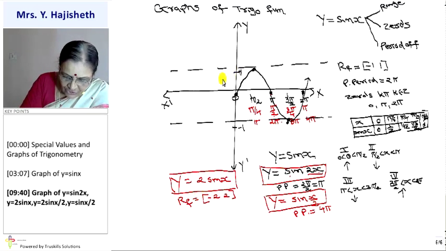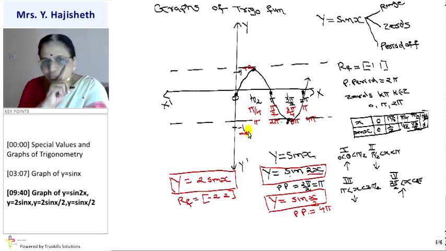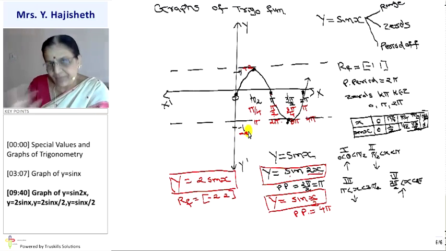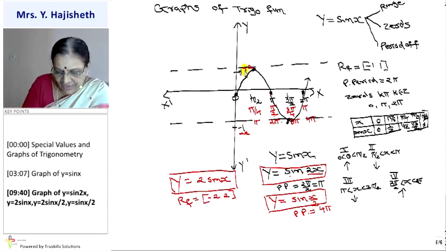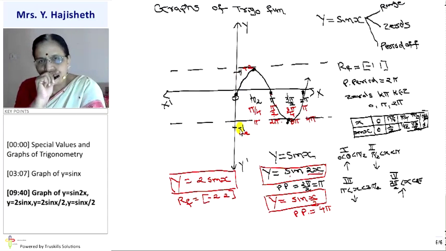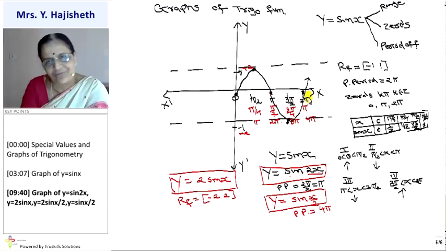Only here instead of +1 I should write +2, and here instead of -1 I should write -2. The graph will remain as it is. Only instead of 1 and -1 we will write 2 and -2. That's it. The rest, this x-axis will remain 0, pi by 2, pi, 3 pi by 2, 2 pi as it is.